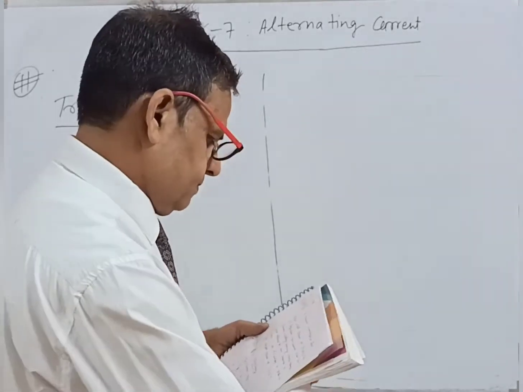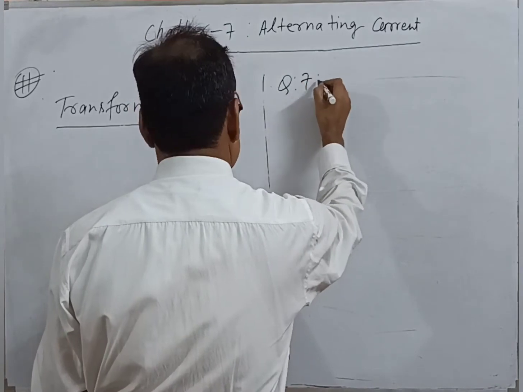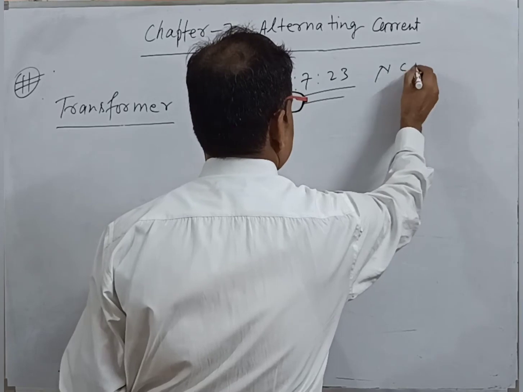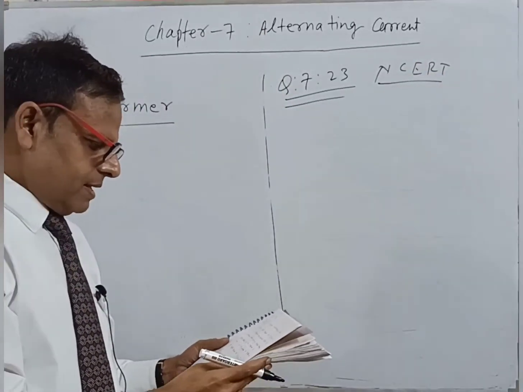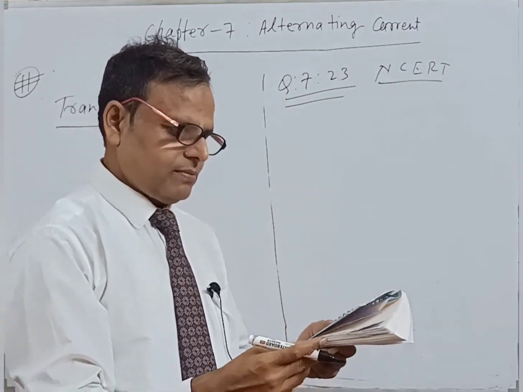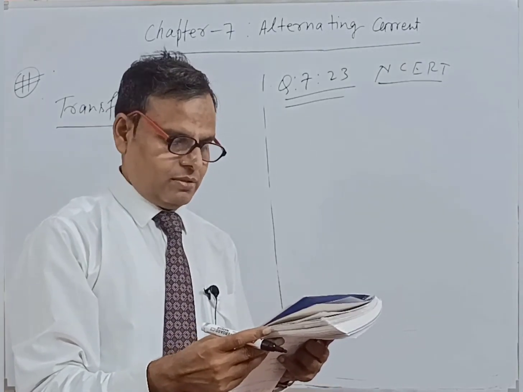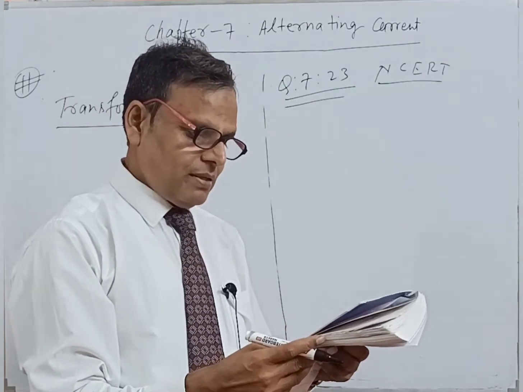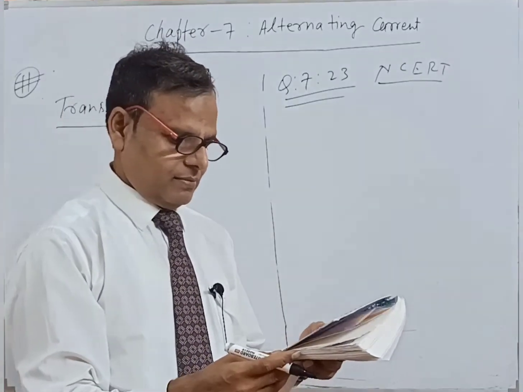Question says, a power transmission line feeds input power at 2300 volt to a step down transformer with its primary windings having 4000 turns.